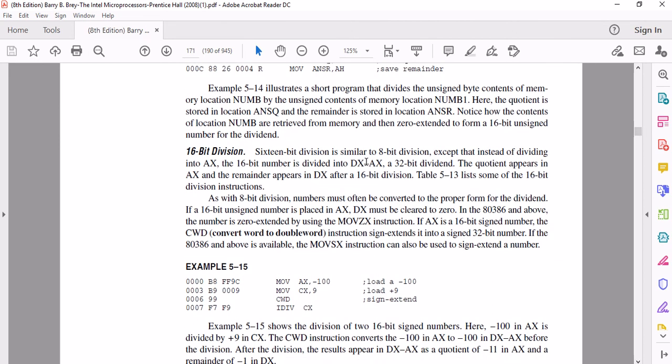Now again for 16-bit division operation, except that in dividing into AX, the 16-bit number is divided into DX, AX. Here we use DX and AX registers.